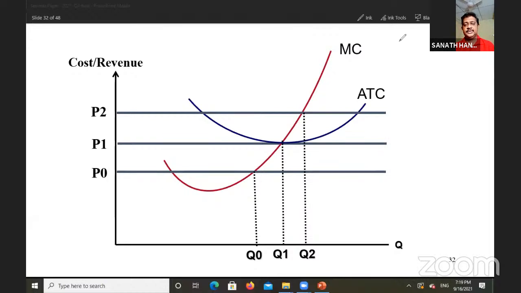There is a supernormal profit, within brackets positive economic profit, at P2.